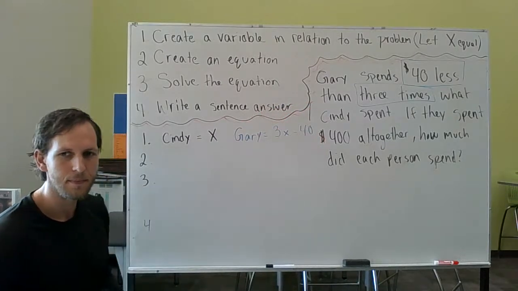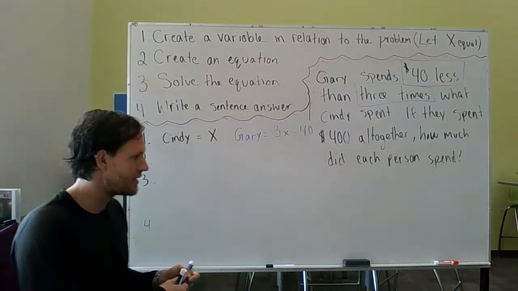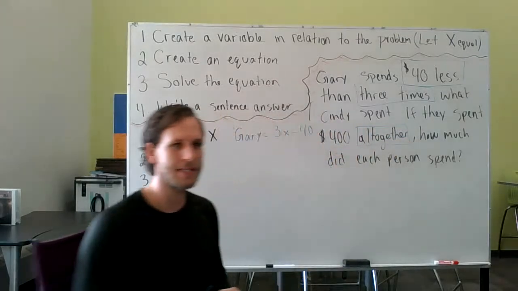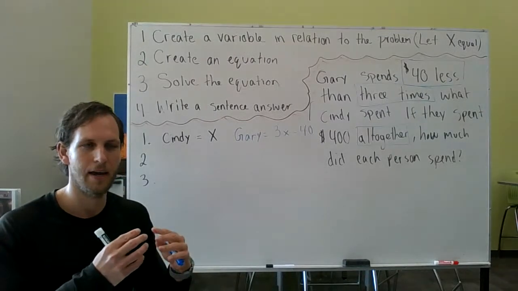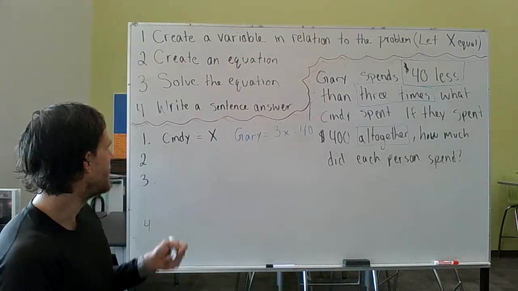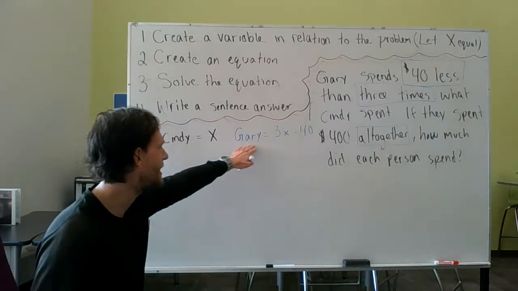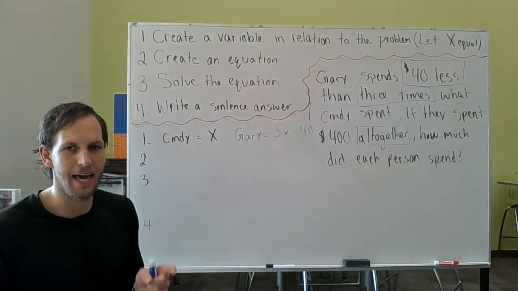Okay, now we need to create an equation. This is the key word here, altogether. If something is happening altogether, that means that we need to put them together. Everybody is coming together. So our equation here is going to be Cindy, who is x, and Gary, who is 3x minus 40. They need to be added together.